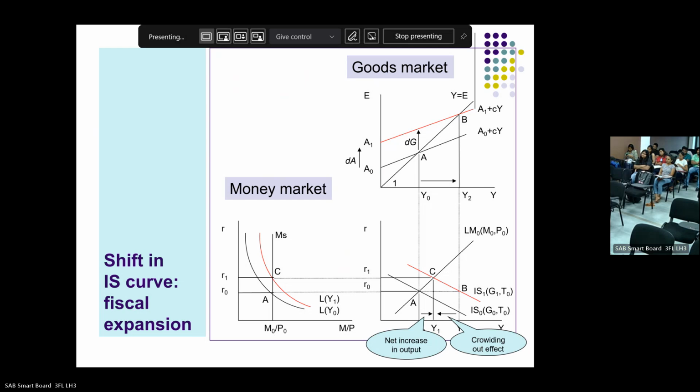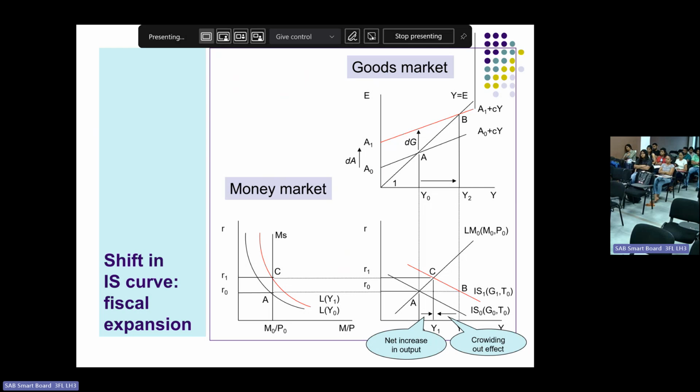There is no change in the interest rate. The interest rate is fixed. So if there is no change in the interest rate, private investment does not change. Investment remains unchanged. So therefore, we see when there is a rise in the government expenditure, let's say from the delta G portion, right?